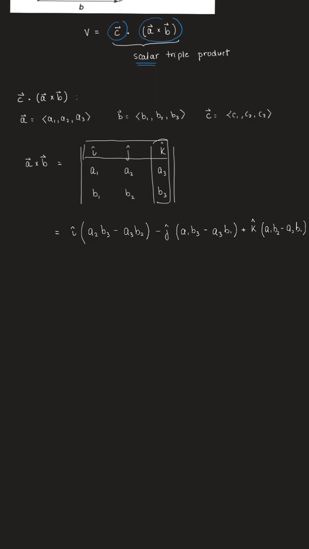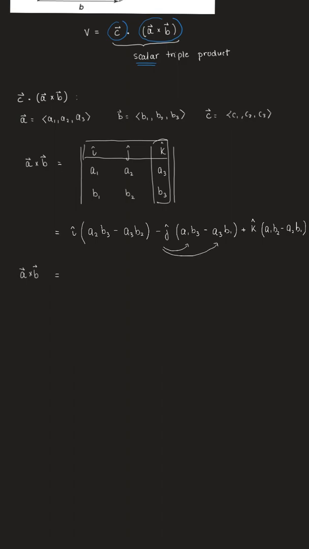All right. So the only thing that I'm going to do here with A cross B is go ahead and distribute the negative 1 in front of J throughout the two terms in the Y component.